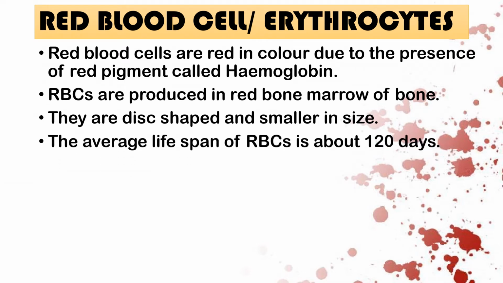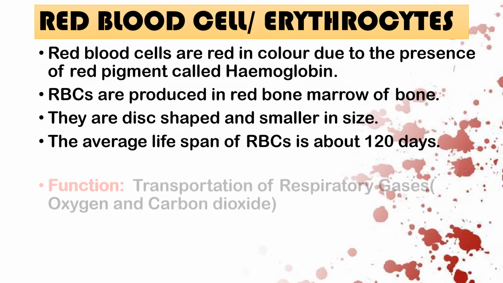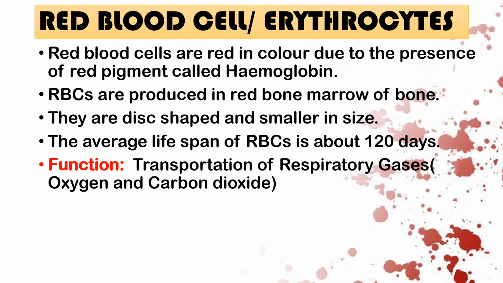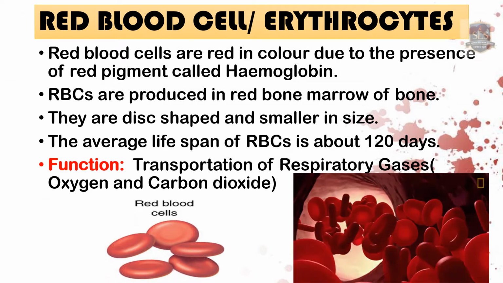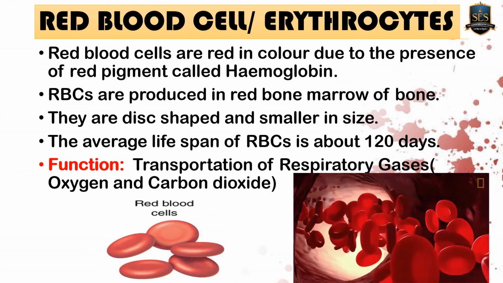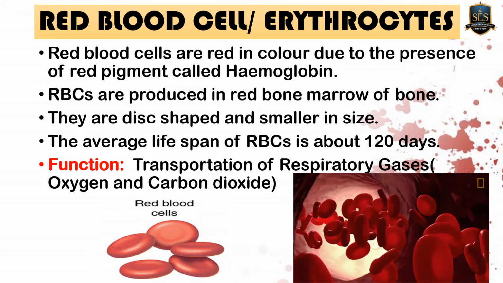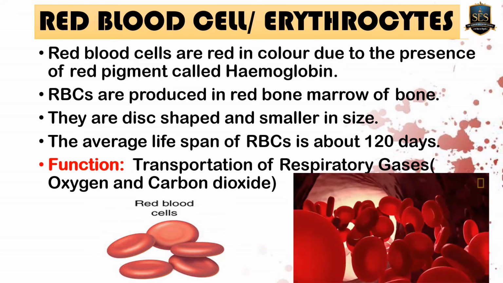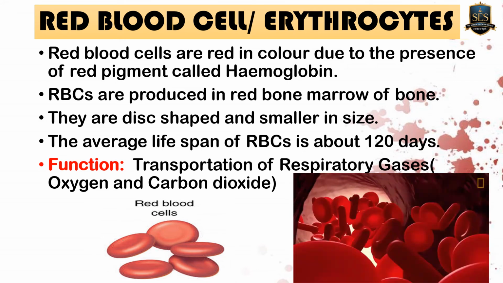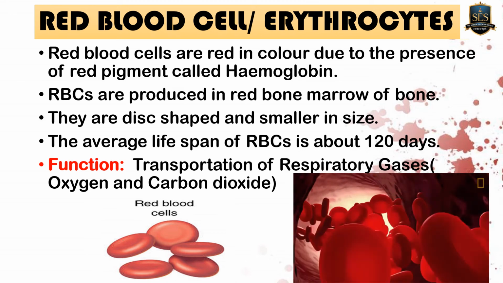The average lifespan of RBCs is about 120 days, and the function carried out by RBCs is transportation of respiratory gases, that is oxygen and carbon dioxide. Here you can see the shape of RBCs, that is disc shape, and they are present in large amounts in blood. That's why the color of blood is also red.